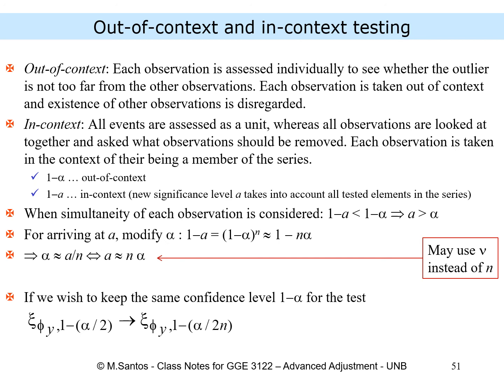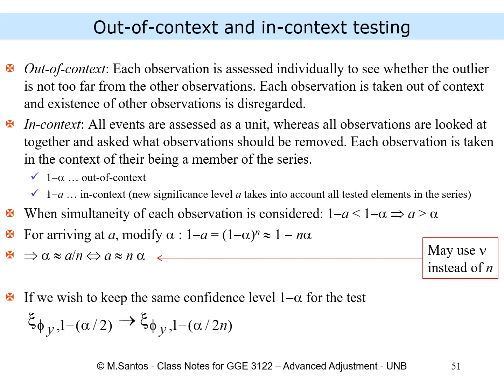Each observation is taken out of context and the existence of the other observations is disregarded. In context, all events are assessed as a unit. So all observations are looked at together and asked what observations should be removed. Each observation is taken in the context of being a member of a series.